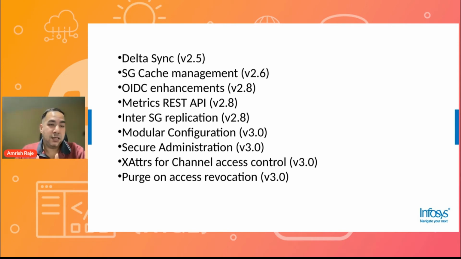Sync Gateway or Inter-Sync Gateway replication, that's another new feature that they introduced. So while with the 2.x versions of Couchbase, the communication between the Sync Gateways and the mobile clients shifted to using WebSockets, which was pretty fast to sync the data, the replication between multiple Sync Gateways, so for example, you have 2 data centers between which you need to sync data, was still using the older HTTP-based technology and wasn't that fast, if you will, to exchange data.